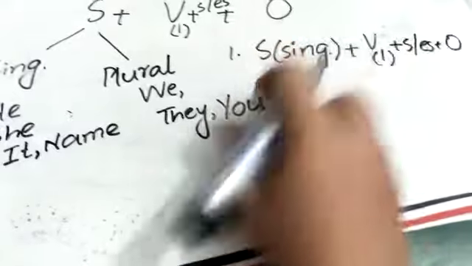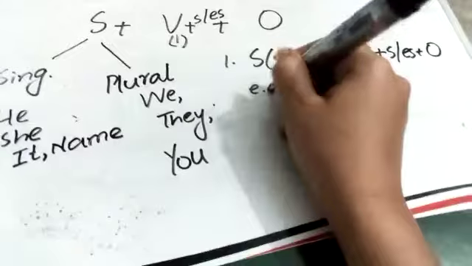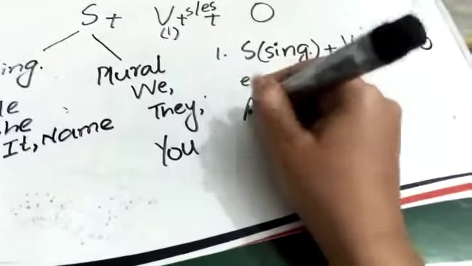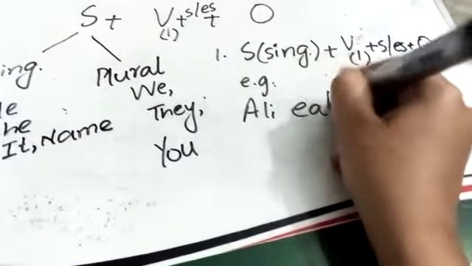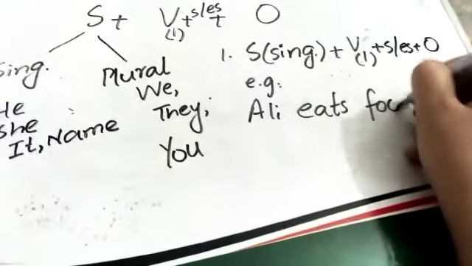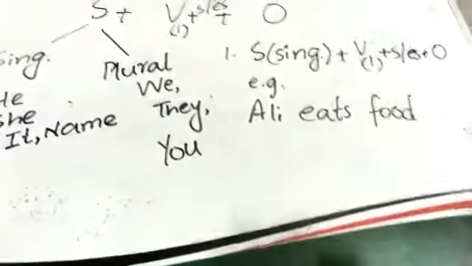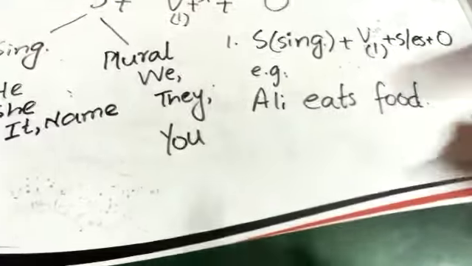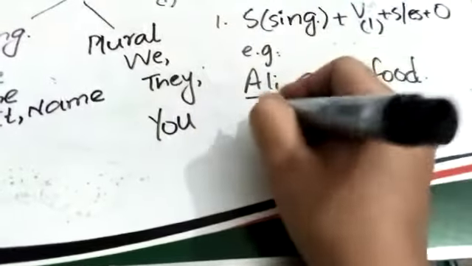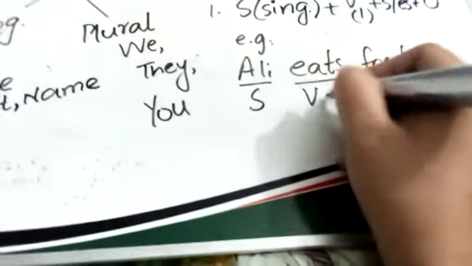For example, as I have said earlier, Ali eats food. Ali khana khata hai. Ali is a subject which is singular, which is one. So we have used verb first form with the addition of s, and food is your object.